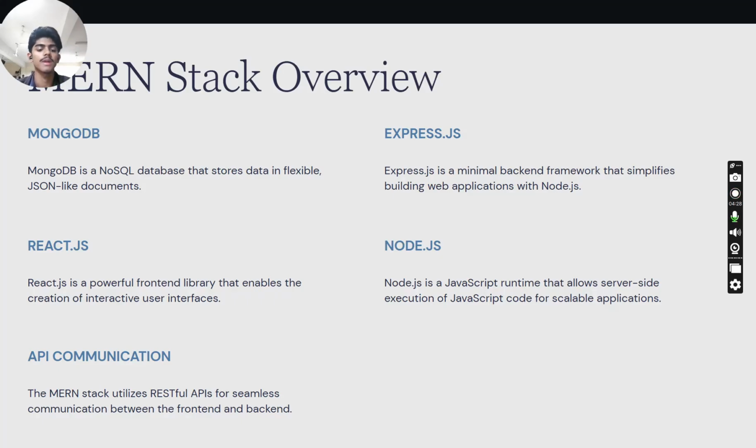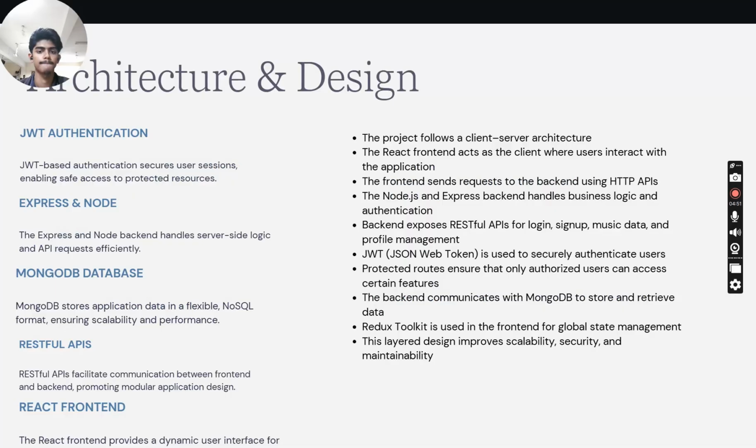We used RESTful APIs seamlessly for communication between the front-end and back-end. And Express.js. Express.js is a minimal backend framework that simplifies building web applications with Node.js. And Node.js is a JavaScript runtime that allows server-side execution of JavaScript code for scalable applications.